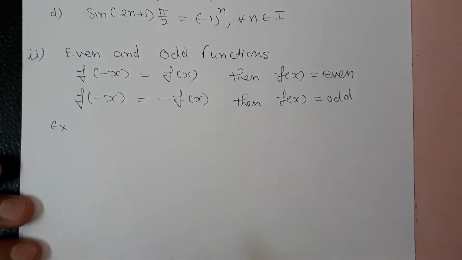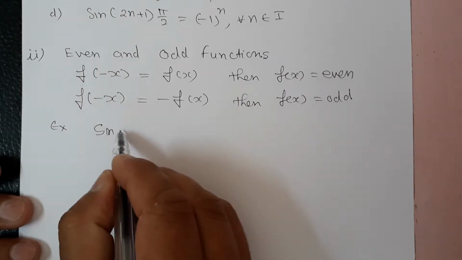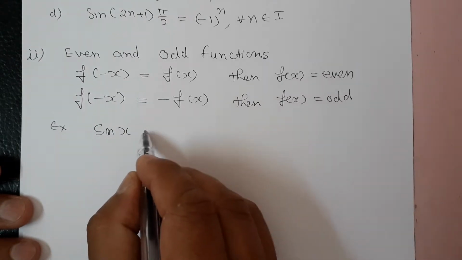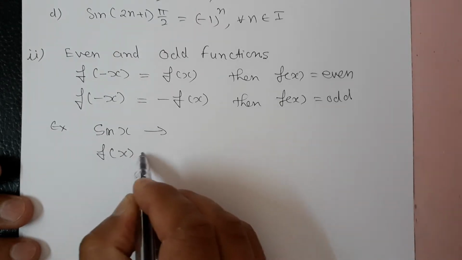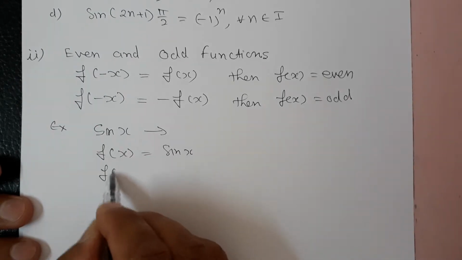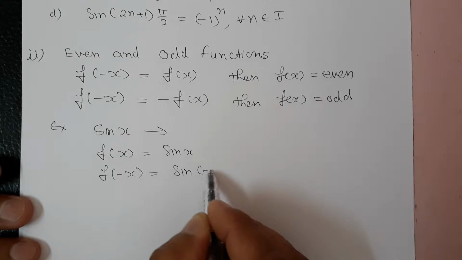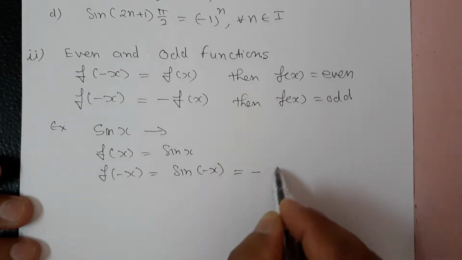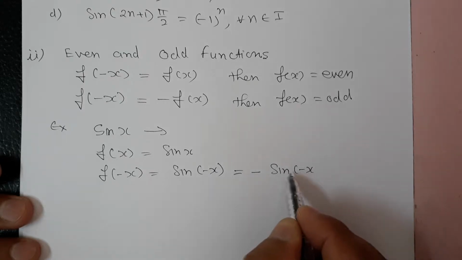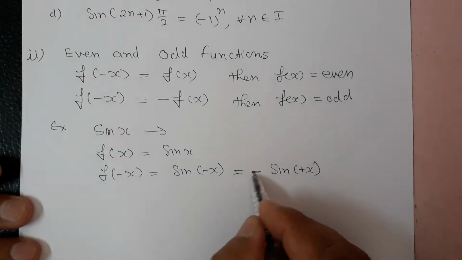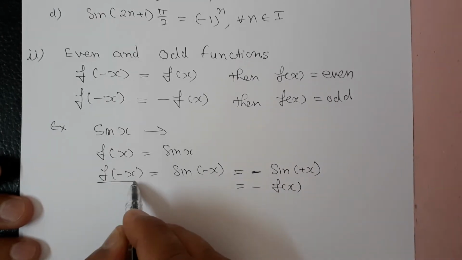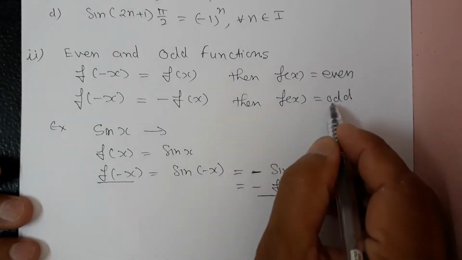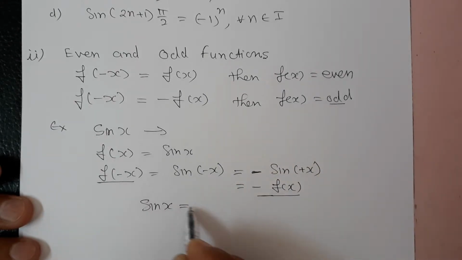Example, we have sin x. Here f(x) is sin x, so we find f at minus x. Sine of minus x, we know that sine of minus x is always negative, so this is equal to minus of f(x). So f at minus x equals minus of f(x), so the function is odd, which implies sin x is an odd function.